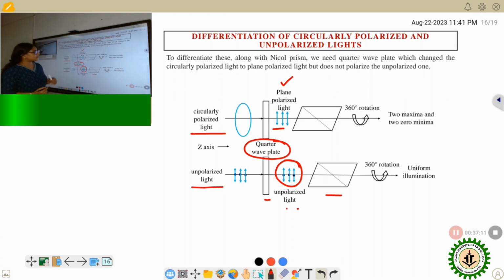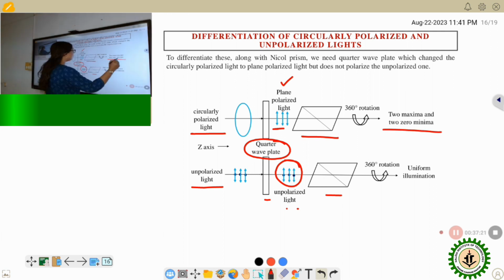Now if you pass this plane polarized light through an analyzer and rotate the analyzer 360 degrees, you again get two positions for maxima and two positions for zero minima. But if you pass the unpolarized light through the nickel prism and rotate the analyzer through 360 degrees, you will be getting uniform illumination.